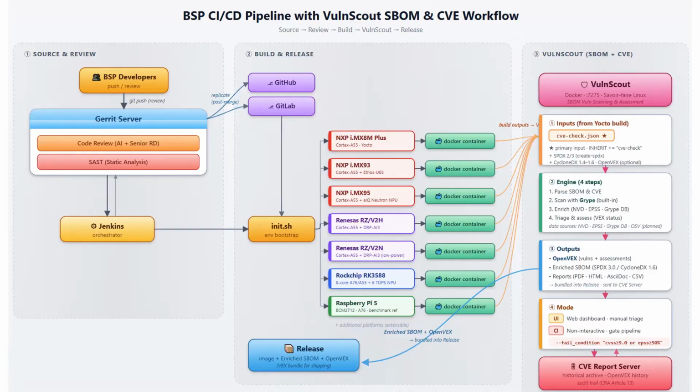And running in Jenkins, with different projects and container scripts. After getting the compile results, they are input to Vulnscout, and it will automatically scan the CVE report and package it into the release. It is all automatic, no manual work needed.